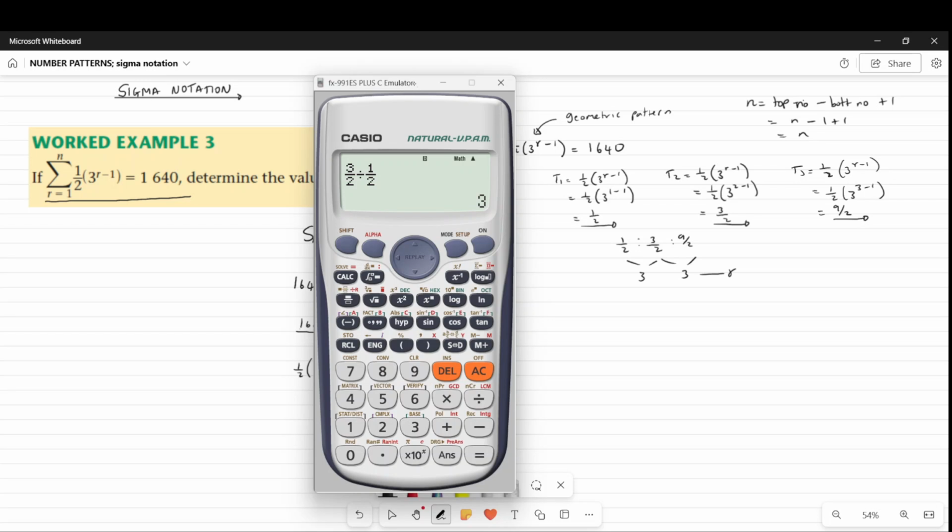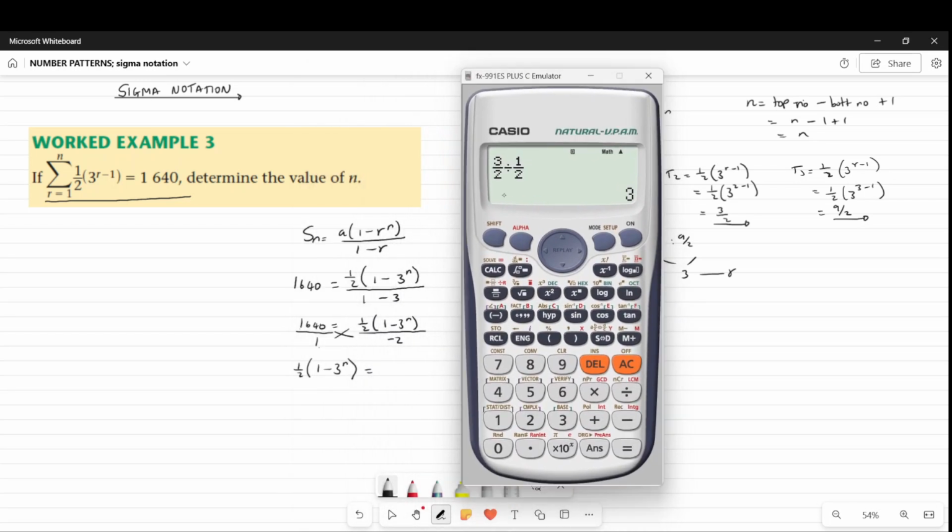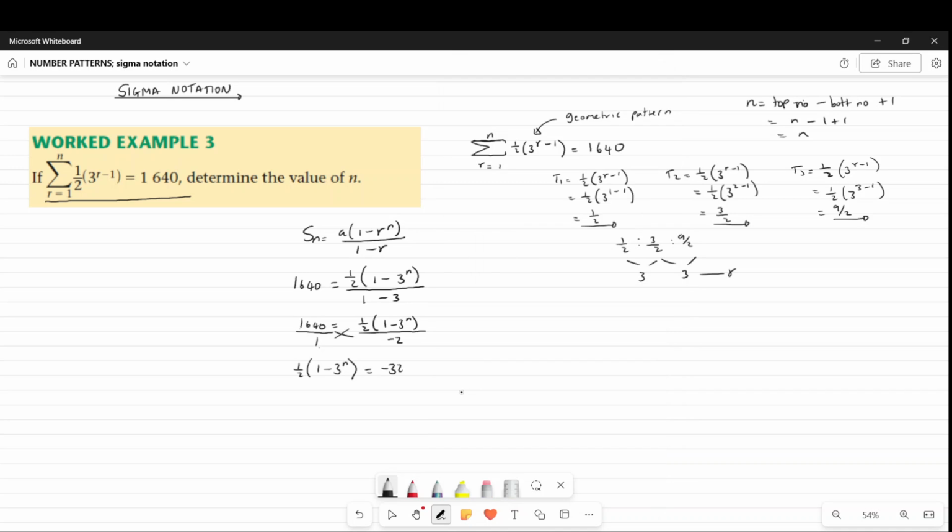So let's have that. 1640 times negative 2 is going to give you negative 3280.